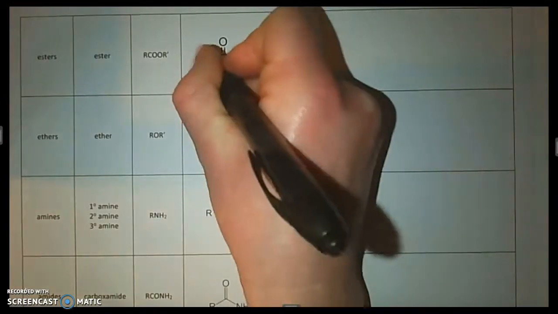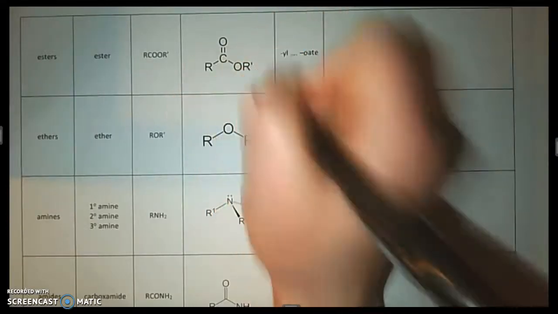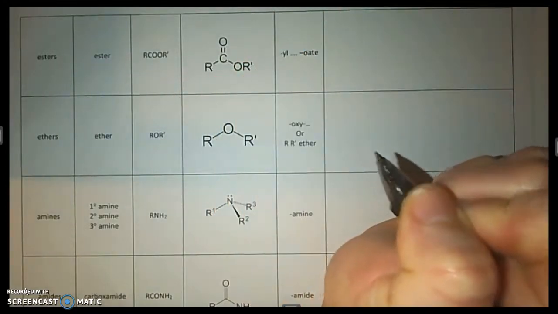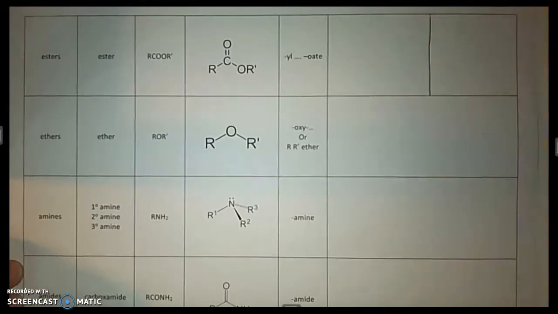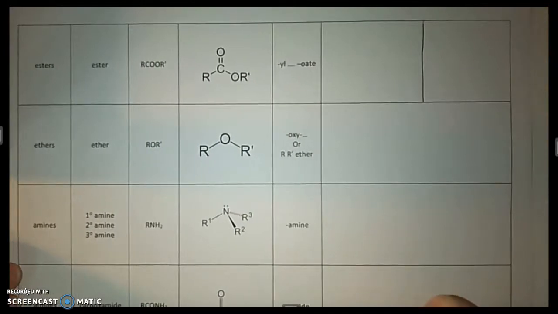And this notation here, R and then R prime, just means that there are two different hydrocarbon chains here. Okay? So an example of an ester, I'm actually going to do two examples, it can be a little bit tricky to name these compounds or to pick out the important features of the structure.